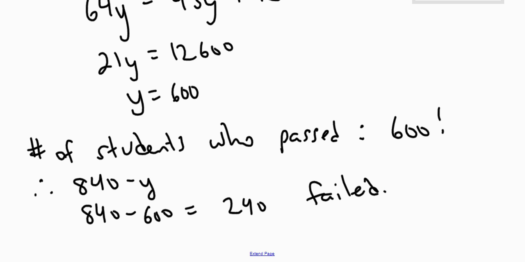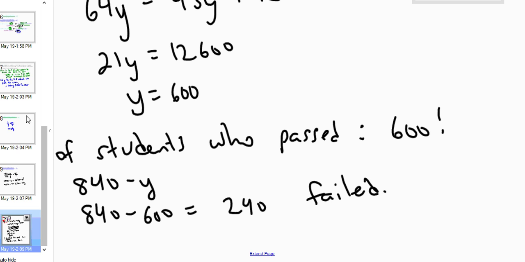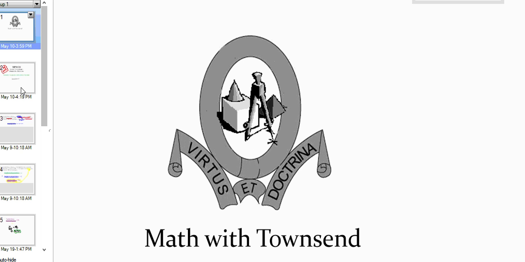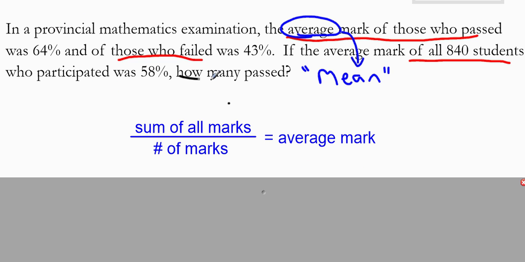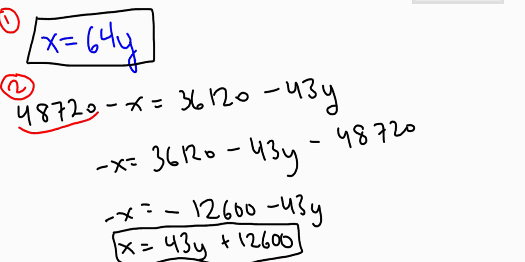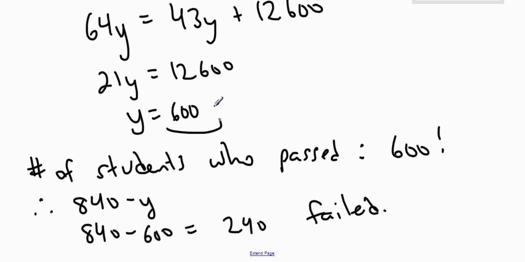Now, what was it I actually had to discover in this question? Well, all it says is how many passed. We already calculated that. We know that y calculated out to be 600. So 600 students passed, and we now know that 240 failed. So we're done the question.